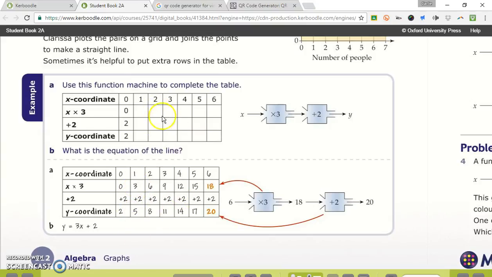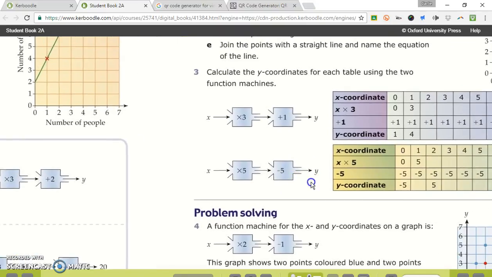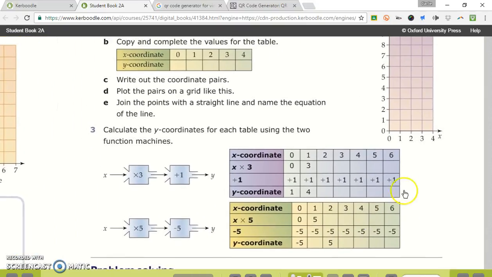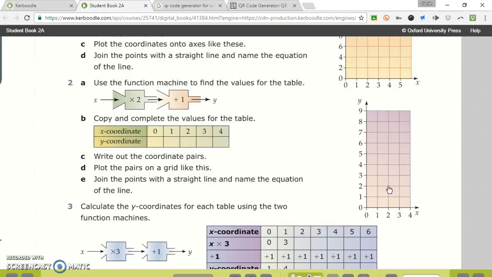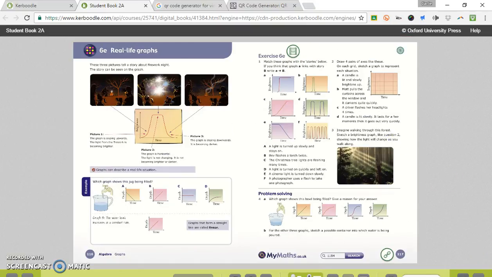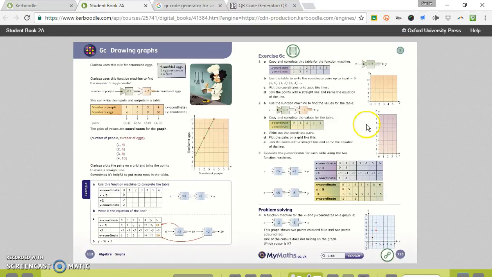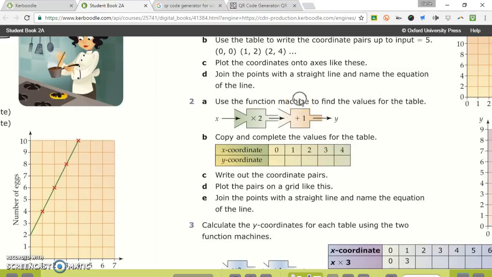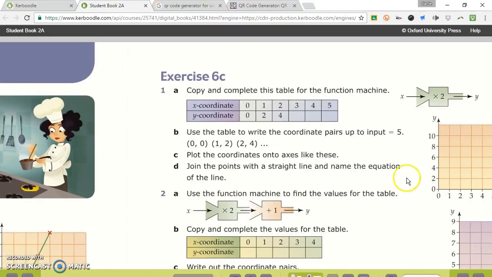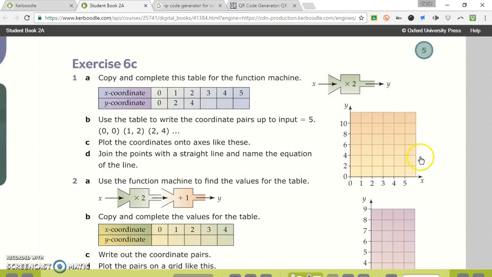Okay, so I just want you to remember what those function machines look like and how we use them, because if we look over here, it's going to ask you to use them to fill in and graph some values.